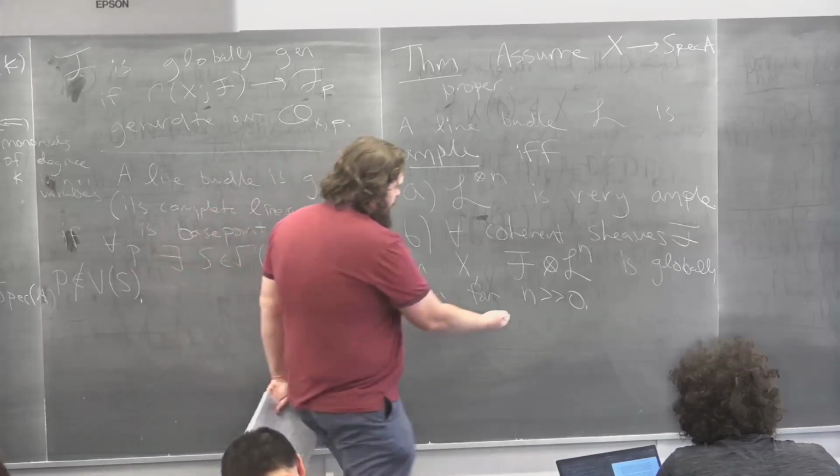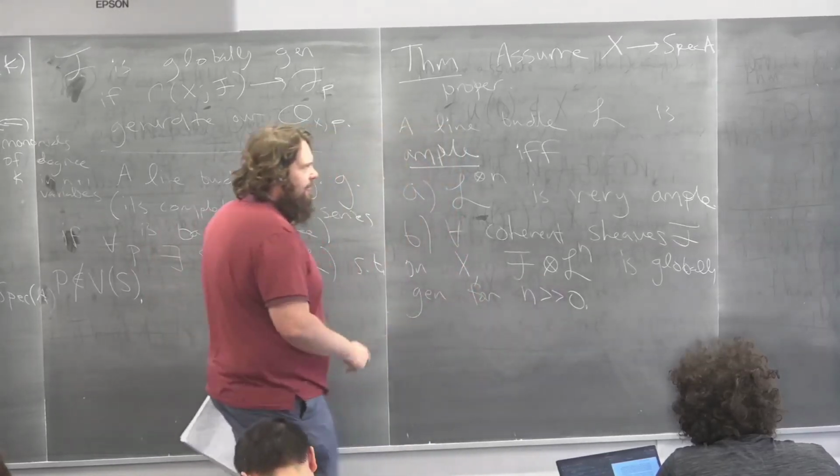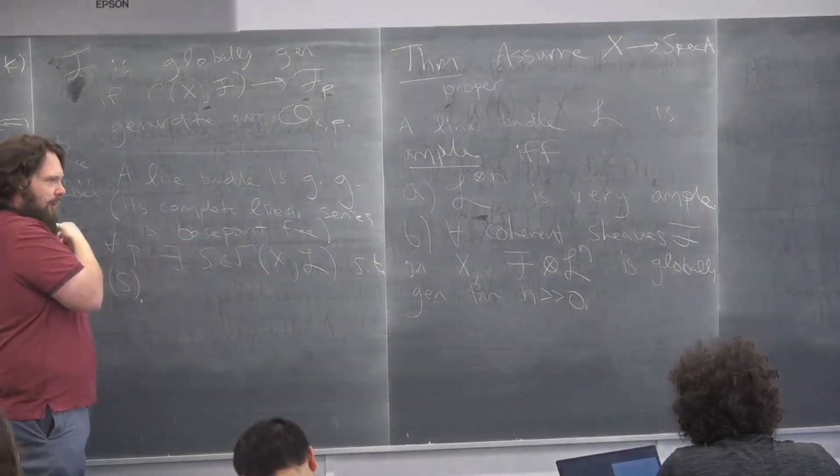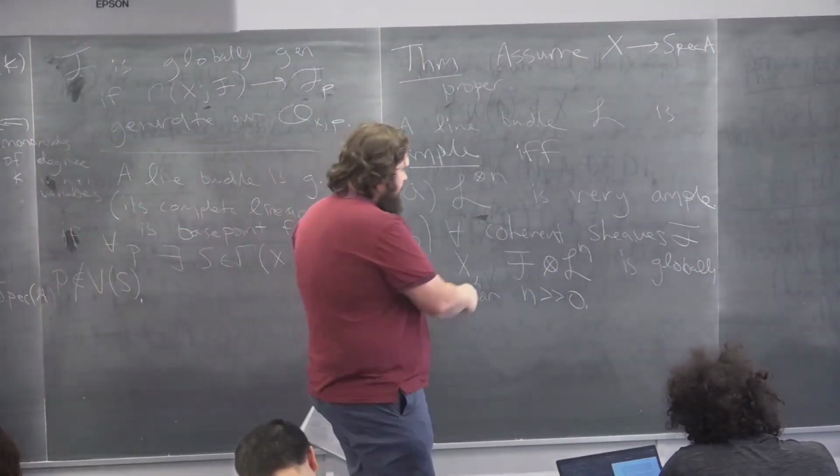So whenever I write the two greater thans, that means there's some lower bound such that for all n greater than that, I get this property.